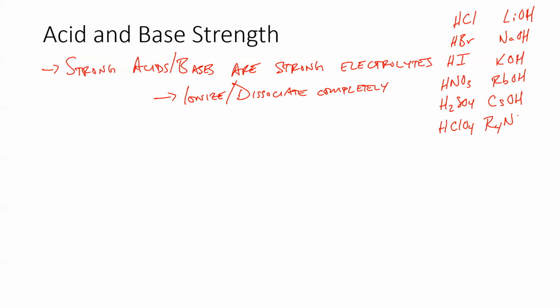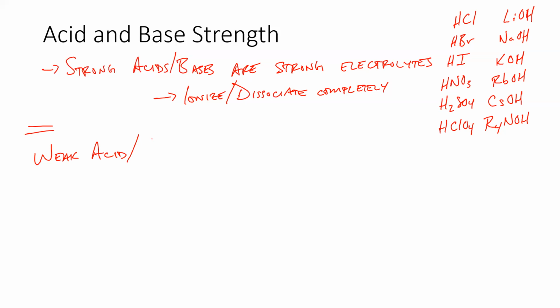And so R4NOH. So any ammonium hydroxide is going to be a strong base. The longer that carbon chain, the stronger that base is going to be.